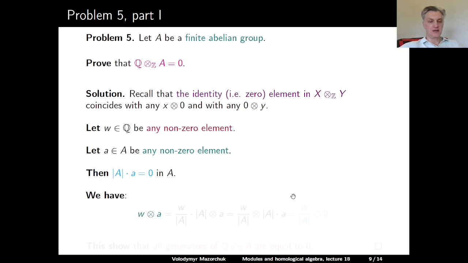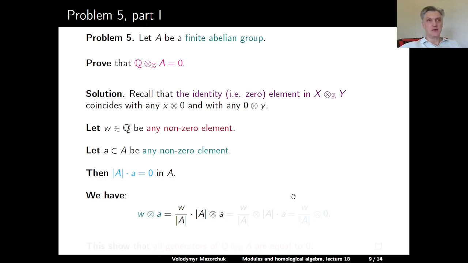Consider the generator w tensor a in our tensor product of A with the rational numbers. Note that in the rational numbers we can divide by any non-zero number, so we write w as w divided by the cardinality of A and then multiplied with the cardinality of A.